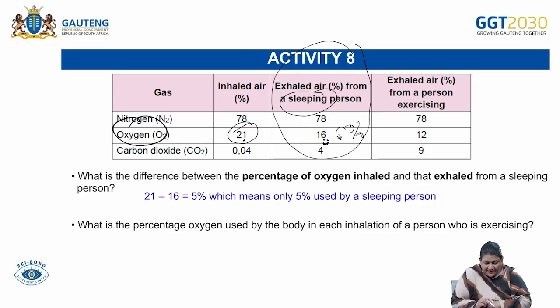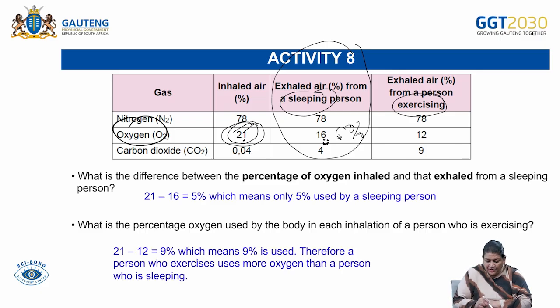Okay. Now, what is the percentage oxygen used by the body in inhalation of a person who's exercising? So now we're going to look at oxygen again. Now we're going to look at the person exercising. So the person exercising inhaled 21% of oxygen, right? But when he exhaled the air, you find now 21 minus 12.